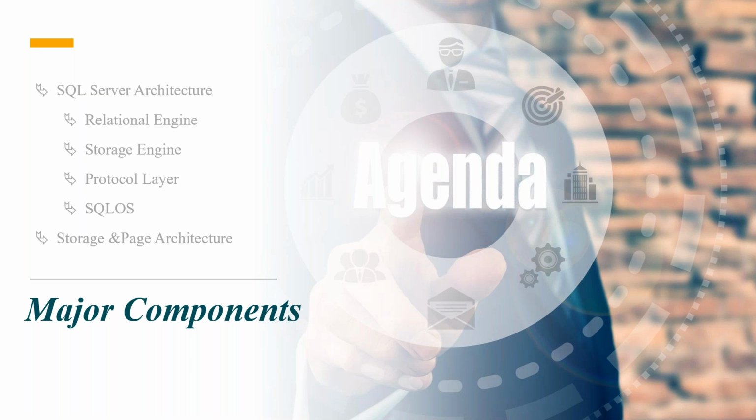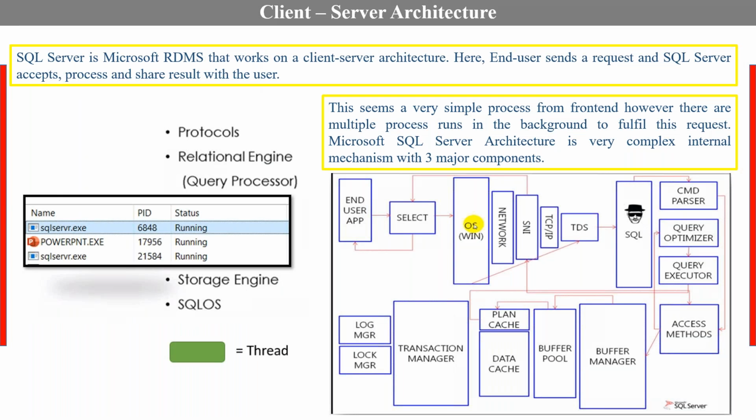Okay, as I told you, SQL Server follows the client-server architecture, correct? So there will be a client and there will be a server. Whoever is trying to access your database engine, the database engine plays a key role in SQL Server architecture.